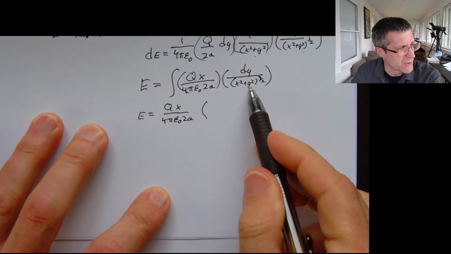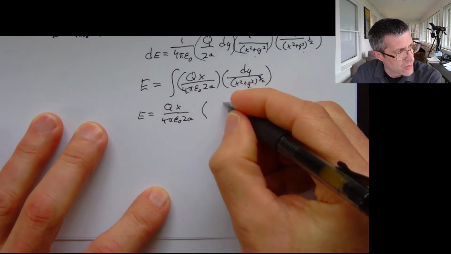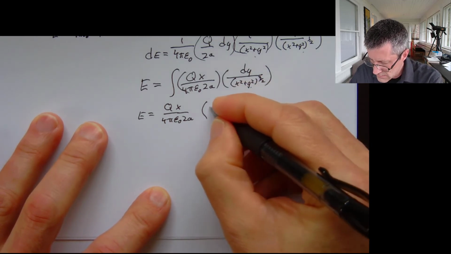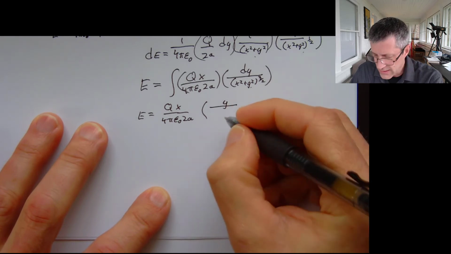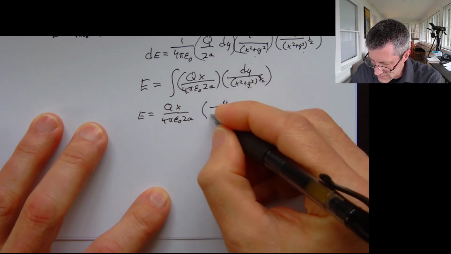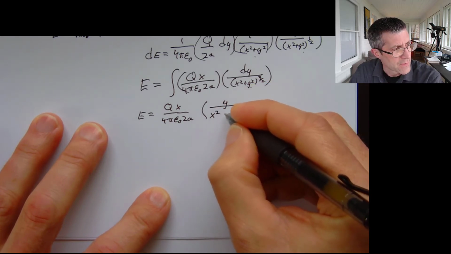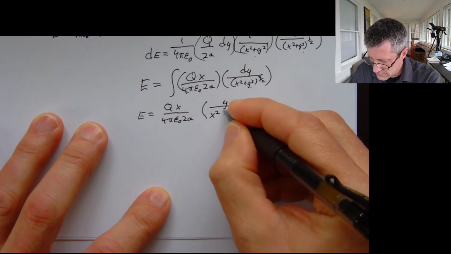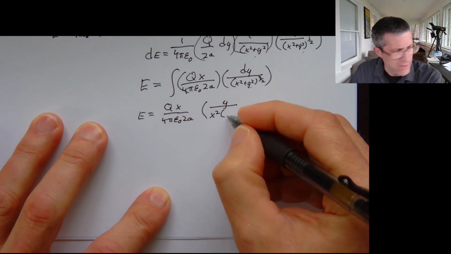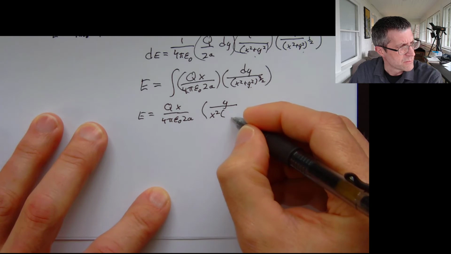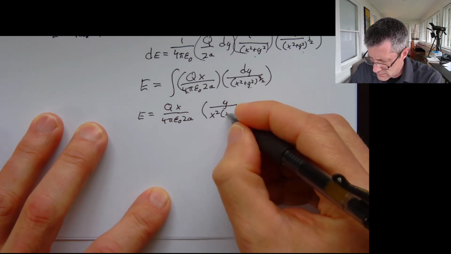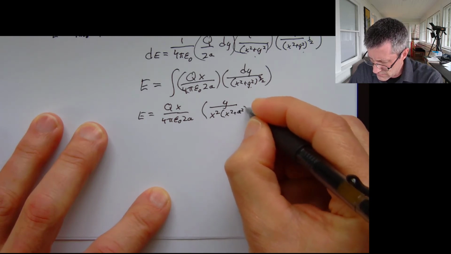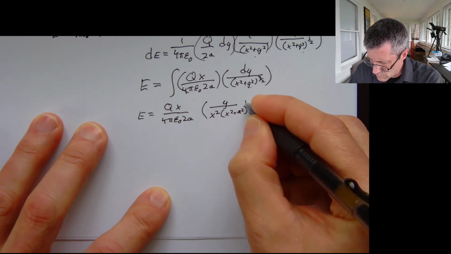What was that? It's going to be my variable, which is y, divided by my constant squared. My constant here is x squared, times root x squared plus a squared to the 1/2.